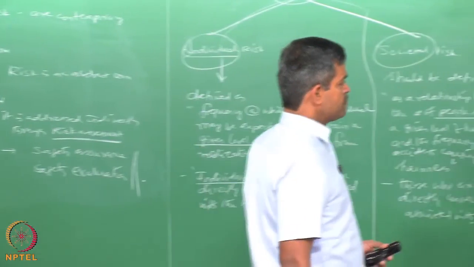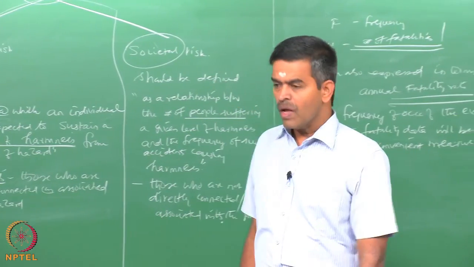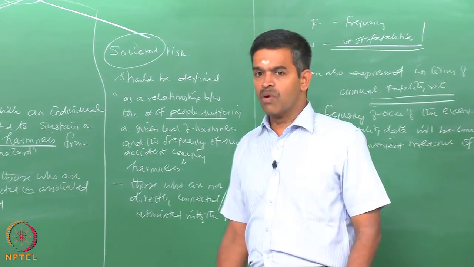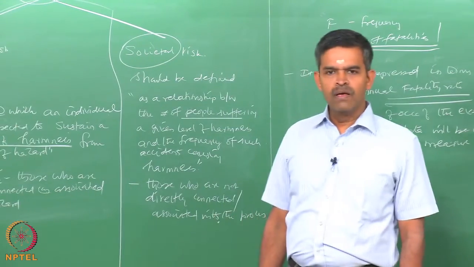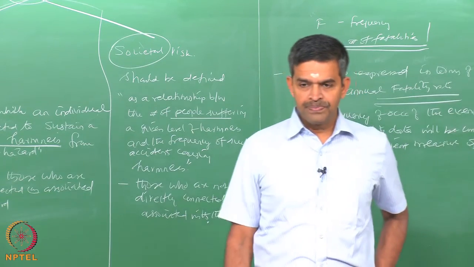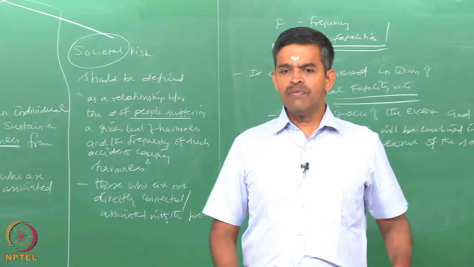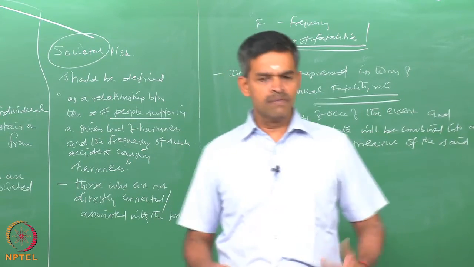So, friends, in this lecture we try to understand how the risk picture can be quantified in terms of individual and societal risk. What are the different factors which can account for risk assessment? What are the different rules and regulations of international agencies which prescribe and define risk?